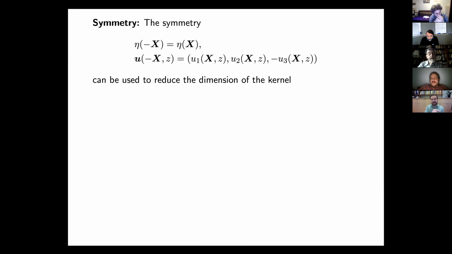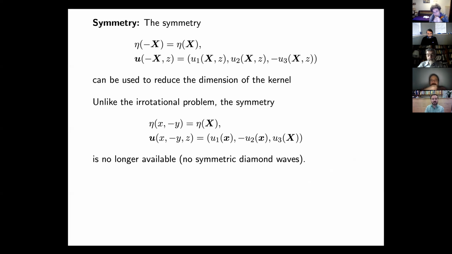But as I said before, you always have this symmetry in x and y combined. So this can be used to reduce the dimension of the kernel to 2, but not to 1. So you can't use bifurcation from a simple eigenvalue. But you can still use this other approach, which I mentioned before, where you have sort of this two-dimensional bifurcation, so using two different parameters.